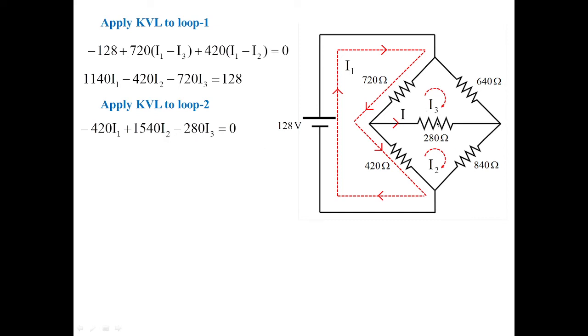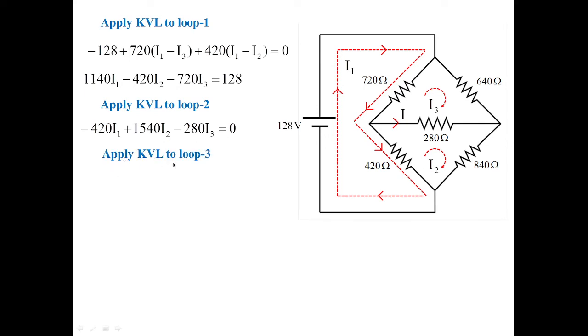When you estimate the branch current through 280 ohms, it would be I2 minus I3. Since I'm dealing with loop 2, the dominating current is I2 and the less dominating current is I3, so that is why minus 280 I3 is equal to 0.